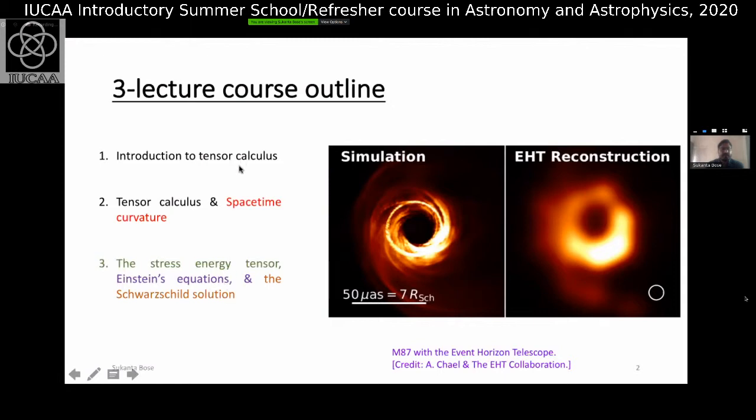I will then use Einstein's equations to derive a solution. And this is basically the solution to these equations in spherical symmetry for static geometries. And what we will get is the Schwarzschild solution, which describes, for example, the space-time around Earth or the Sun, or even these distant black holes very accurately.